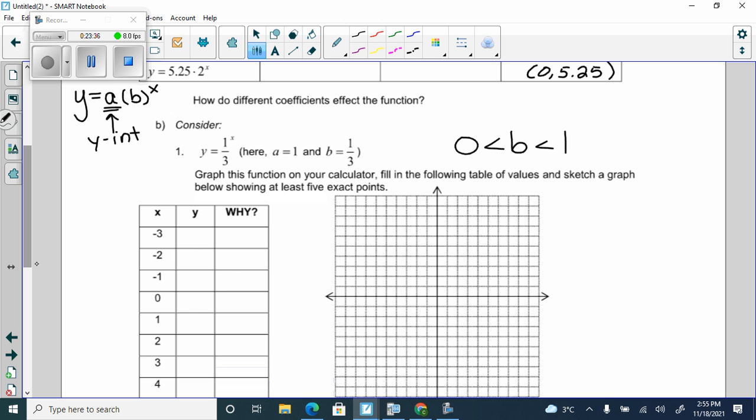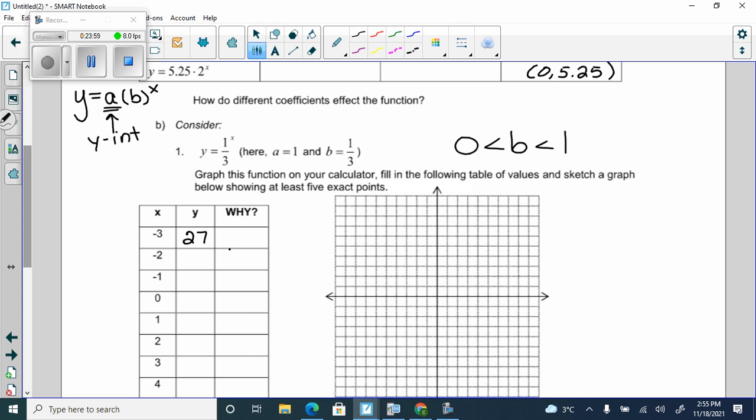If I go 1/3 to the negative 3, that's 27. Because 1/3 to the negative 3 is actually the same as 3 to the 3, right? Because it would flip it. And you can just type these in.